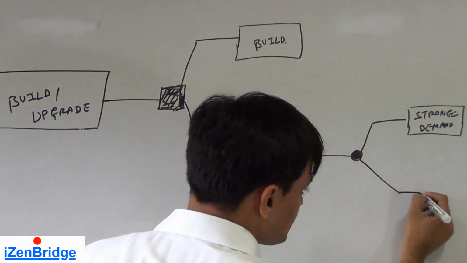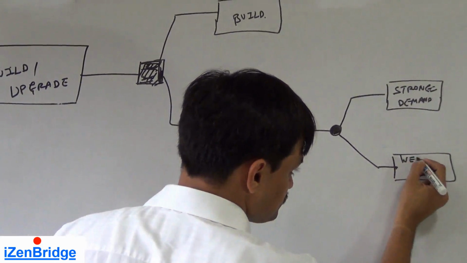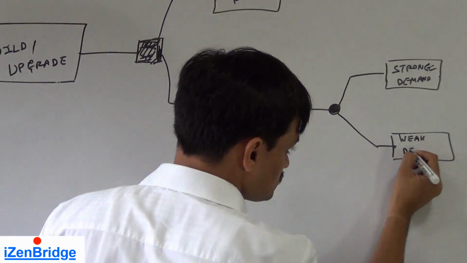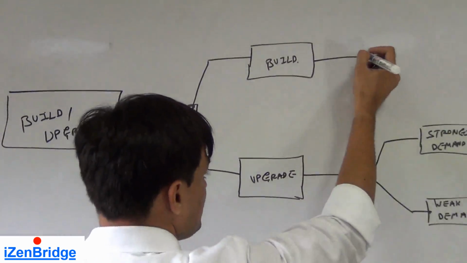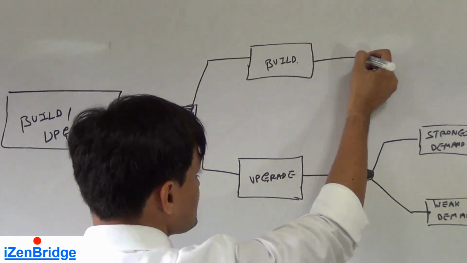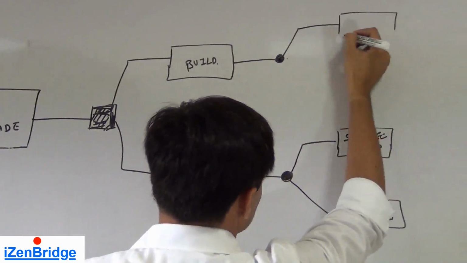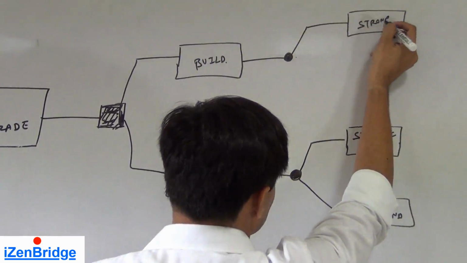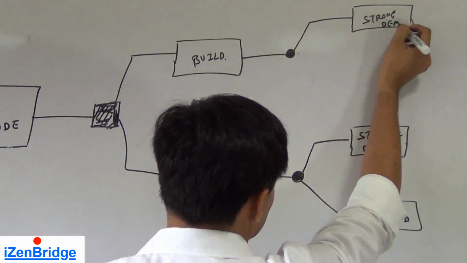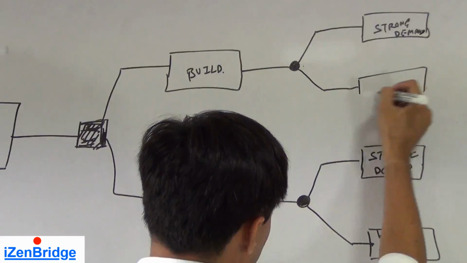And the other possibility is you may get a weak demand. The same chances are applicable for both the conditions. Then you may have a strong demand and you may have a weak demand.